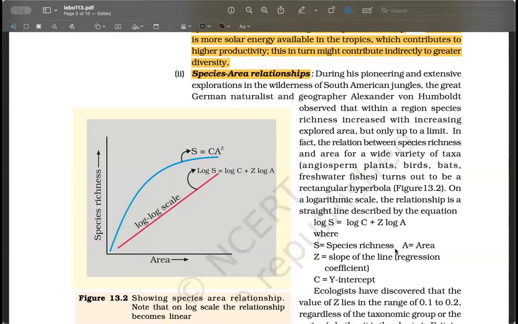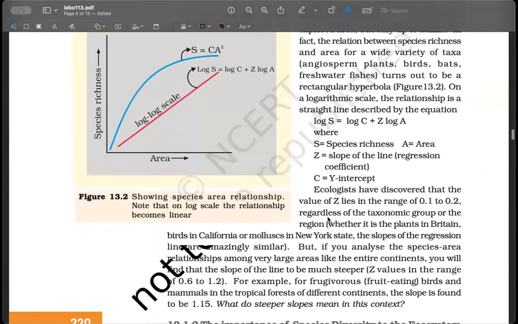Right? So, after that was given, people started doing all these studies in a lot of places. And if you are taking a smaller area into account, which means you are somewhere here on the graph, you will have more richness. So if I say one forest versus the other, we are talking about high richness.